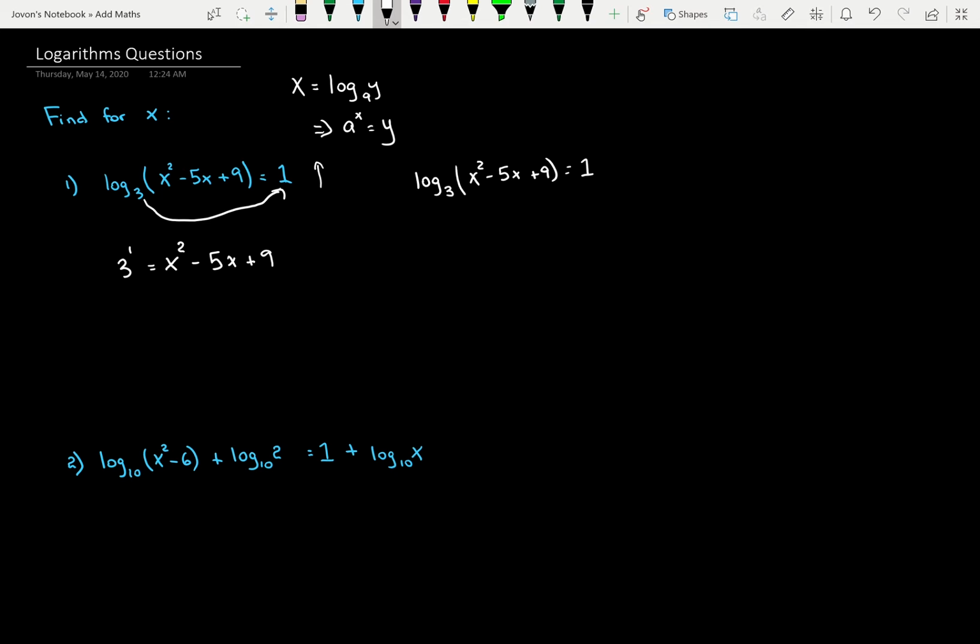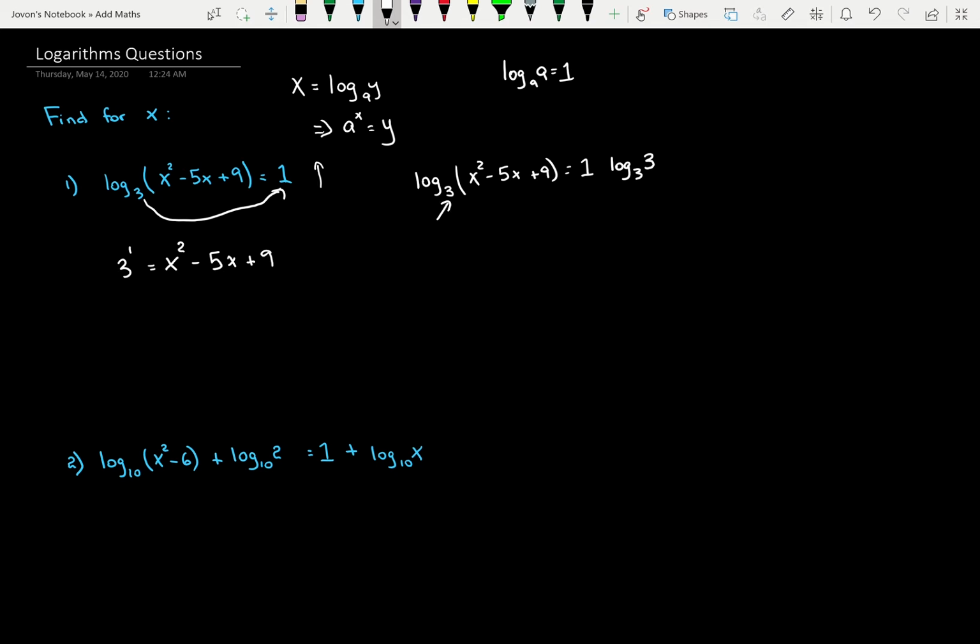Remember this rule: log e to base e is equal to 1. So if we multiply this 1 by 1 in the logarithm form, it will not change the equation. So we'll change this to 1 multiplied by log 3 to base 3. Why base 3? Because we have a base 3 in this question, so why would I pick a different base?